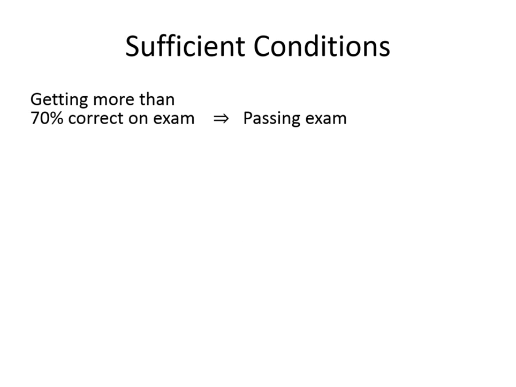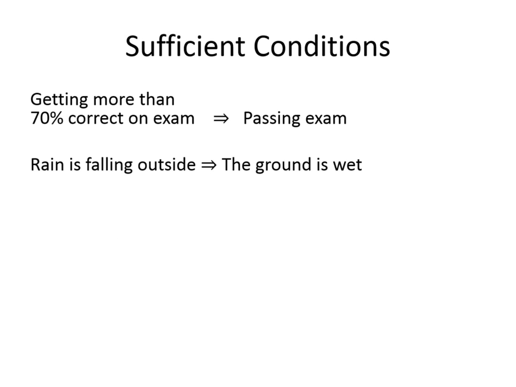Just to give you a few examples of that, on a standard grading scale, if you get more than 70% correct on the exam, that is a sufficient condition to pass the exam. Similarly, if there is rain falling outside, that is a sufficient condition to conclude that the ground is wet. Notice that that is not a necessary condition because you could have a sprinkler on, you could be watering the grass.